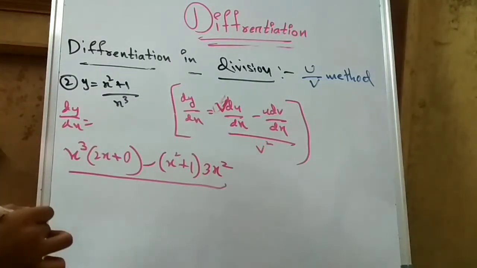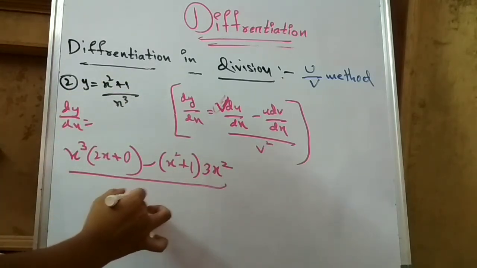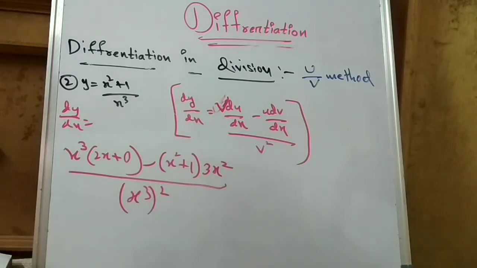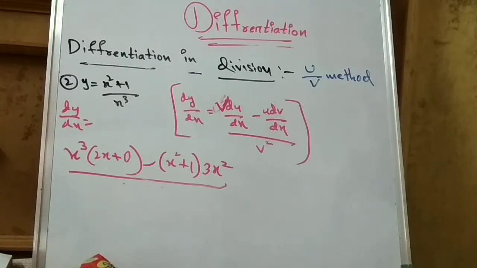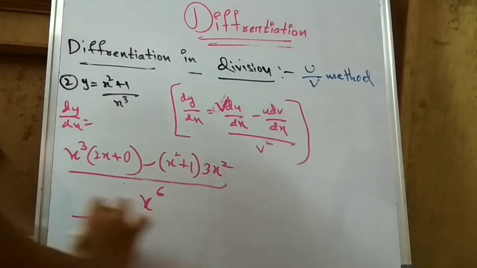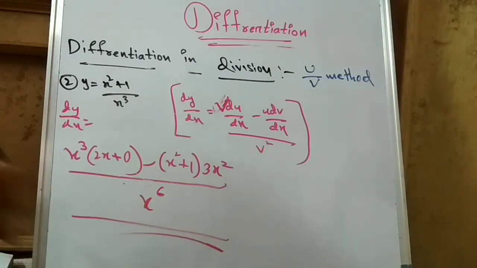V square is, this is x cube, x cube to the power of 2 will become x to the power of 6. X to the power of 6. So this will be the differentiation. Now it got easier, right? Yes. We'll do one more question and then we will move to chain rule.